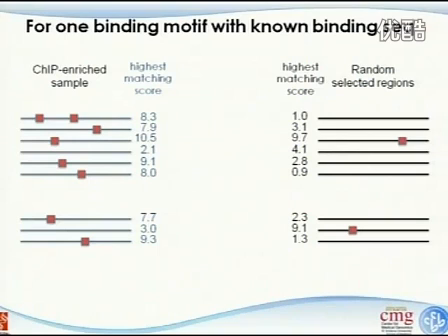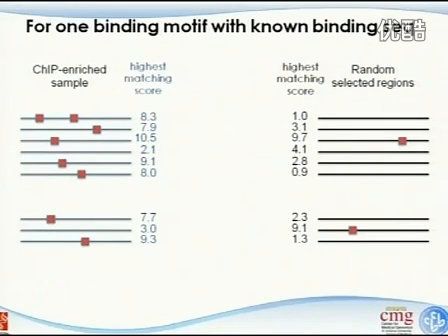Now for each individual sequence strand, which can be a couple of hundred base pairs, you design a sliding window from the very left to the very right and calculate the score. You get many different scores, but you just report the highest matching score of that sequence against the position weight matrix.